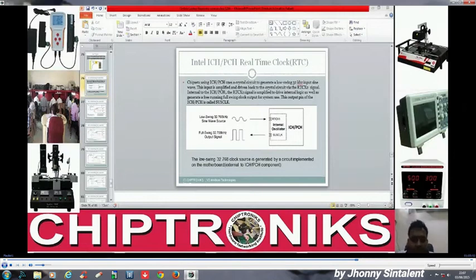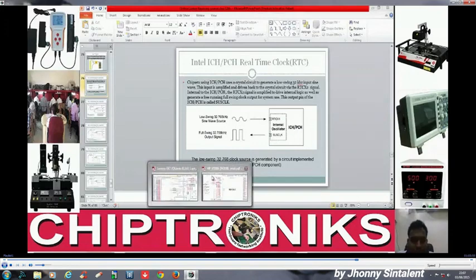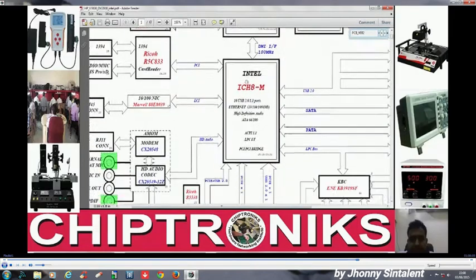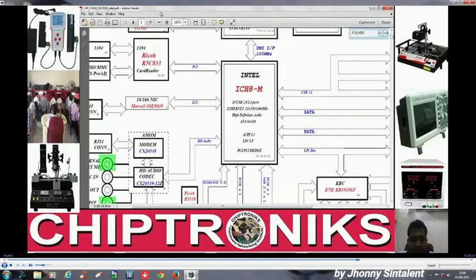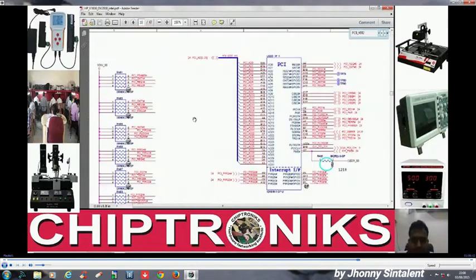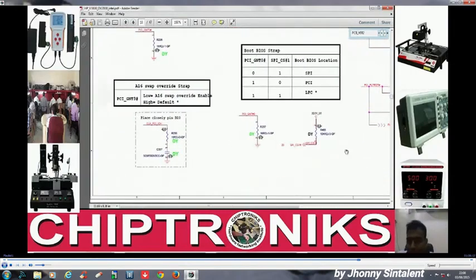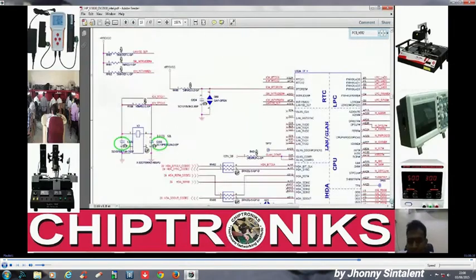As we all know, in PCH, you can see here, we go to page number 1 and we see the ICH first. This is ICH. We go to page number 18, and we go down and see the RTC section.